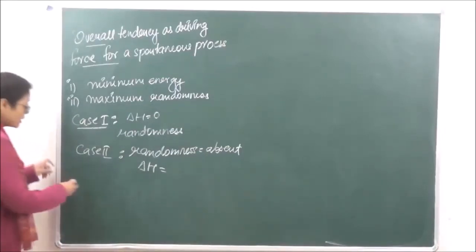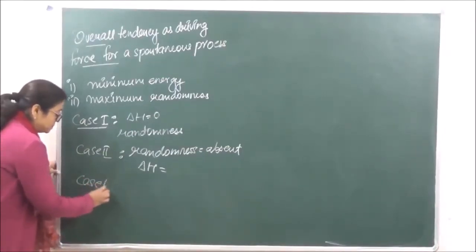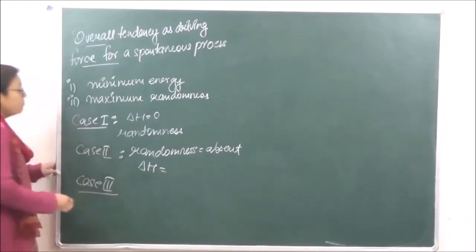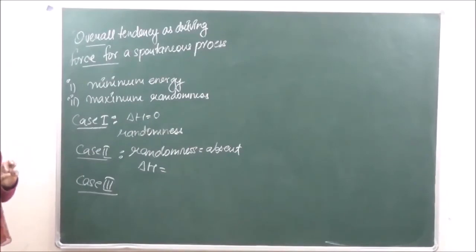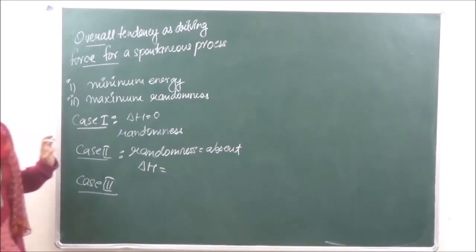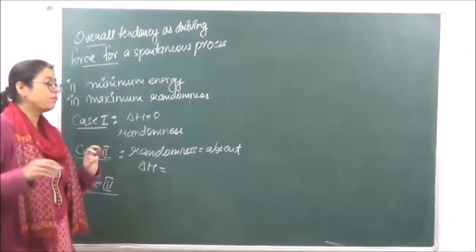Now let's take case 3. If both the factors are present, then the magnitude of the tendency of both randomness and enthalpy becomes important for us.